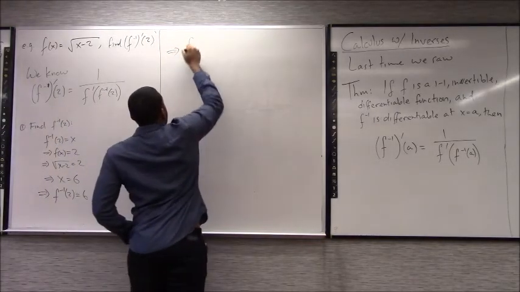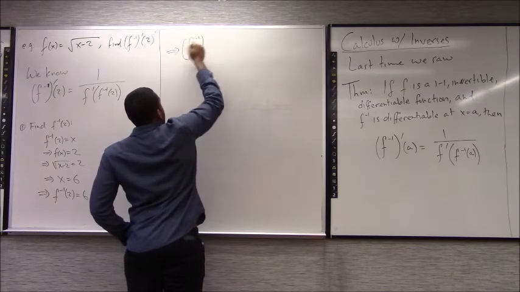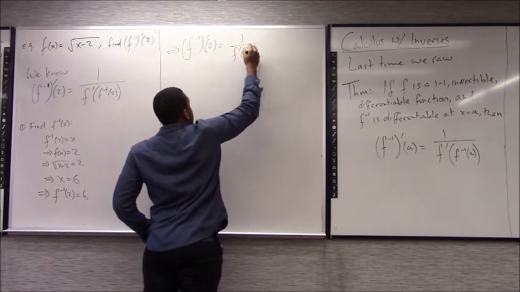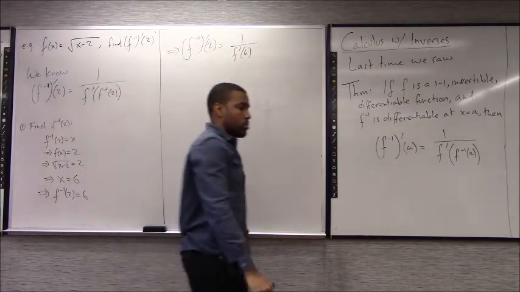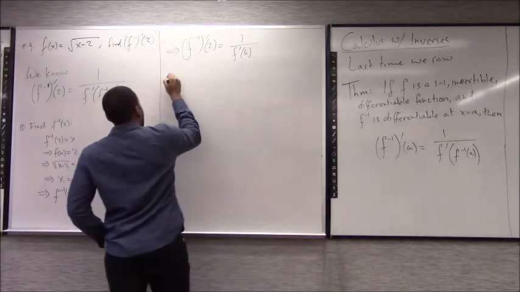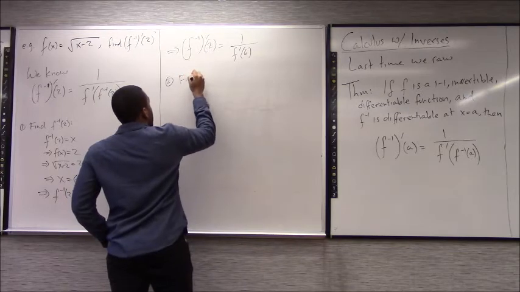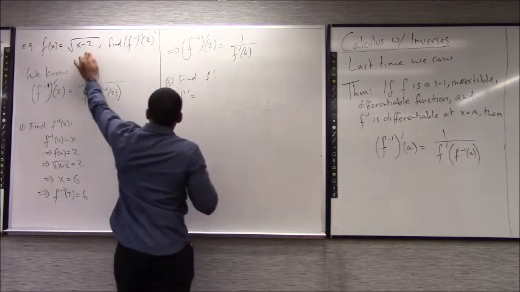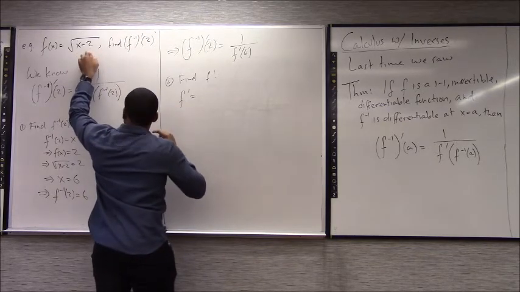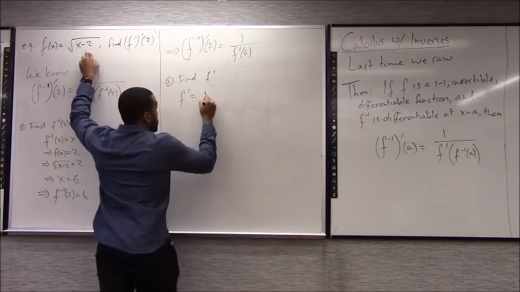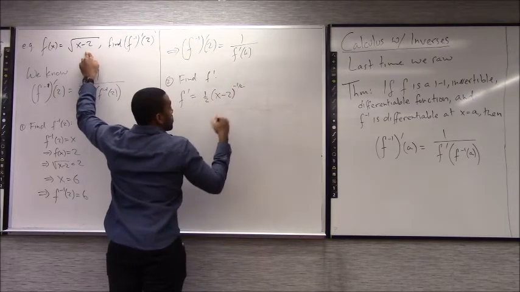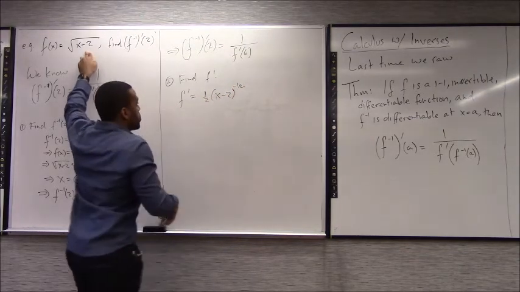This means that the inverse derivative at the point 2 is actually 1 over f prime of 6. And so now we simply find f prime of 6. F prime would be equal to, how do we differentiate this? 1/2 times x minus 2 to the negative 1/2 times 1, because of the chain rule.